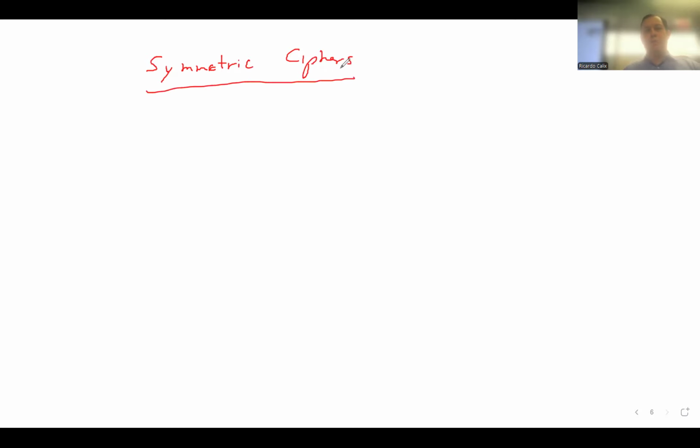So symmetric ciphers. What is a cipher? A cipher is defined as a pair of efficient algorithms E, D, where these are the encryption and decryption algorithms.